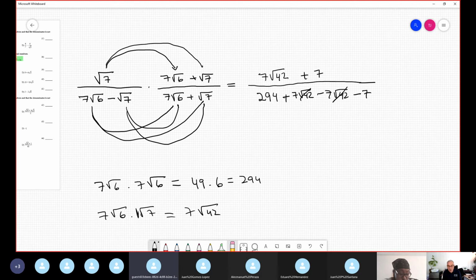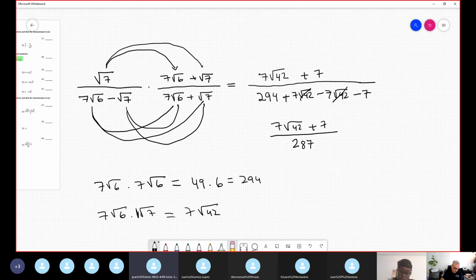So now we combine 294 minus 7, which is 287. So far, the answer is 7 radical 42 plus 7 divided by 287. Well, my intuition says we can simplify a little bit more, because 287 is divisible by 7.